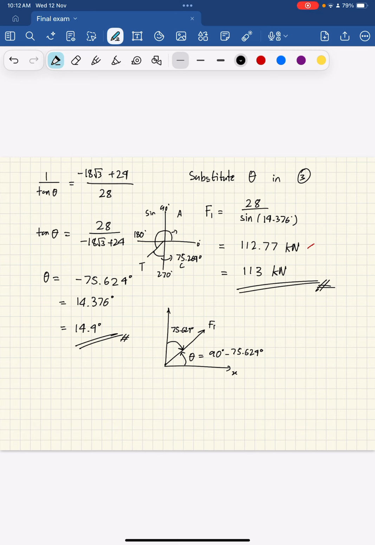Okay, so this one obviously has to be, so this one angle I think should be 194.376 degrees.